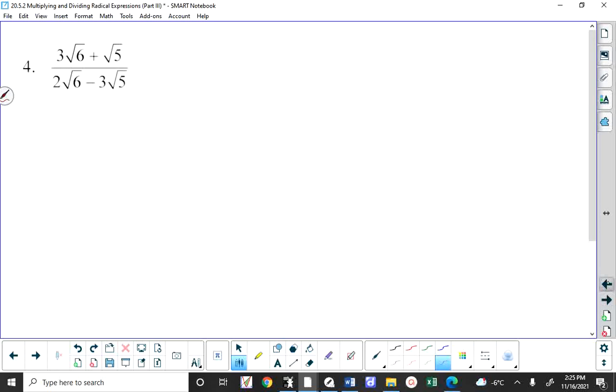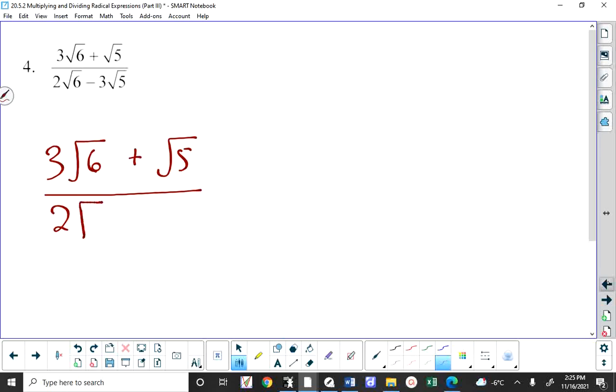Holy smokes. A binomial irrational over a binomial irrational. So let's rewrite it first. 3 root 6 plus root 5, divided by 2 root 6 minus 3 root 5.